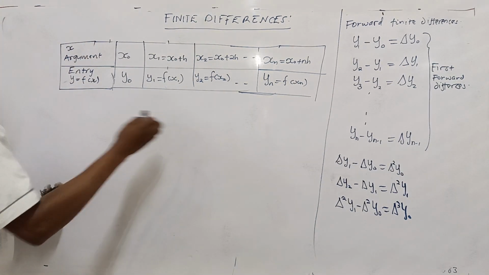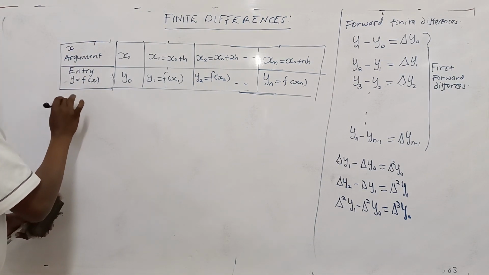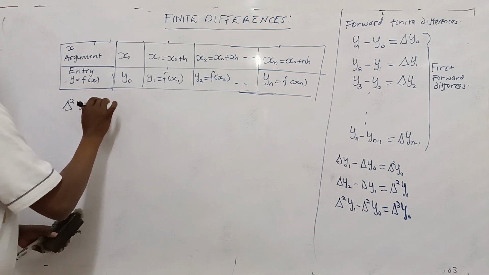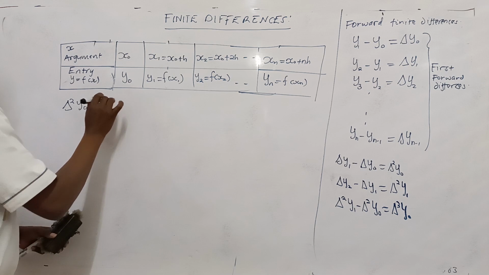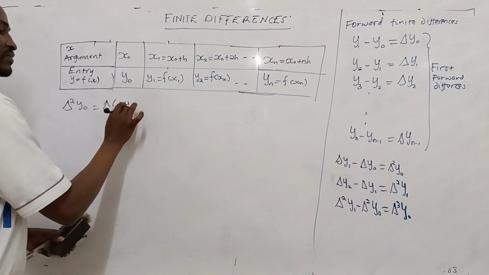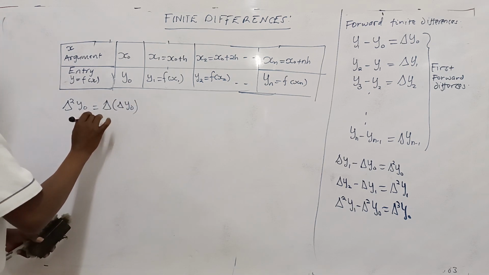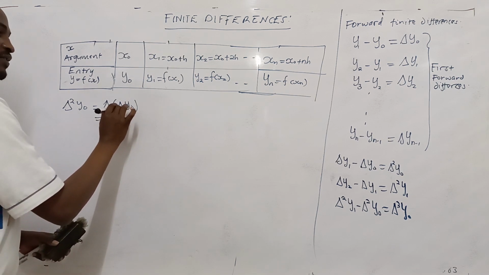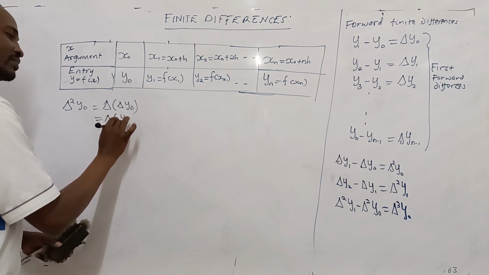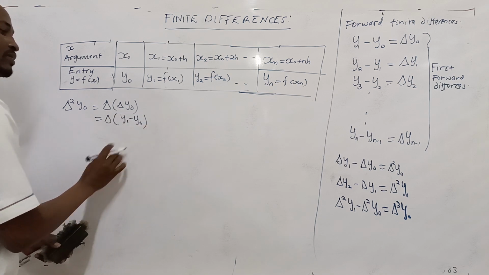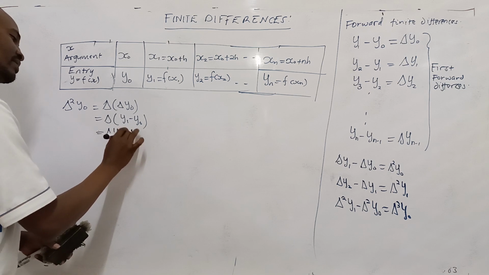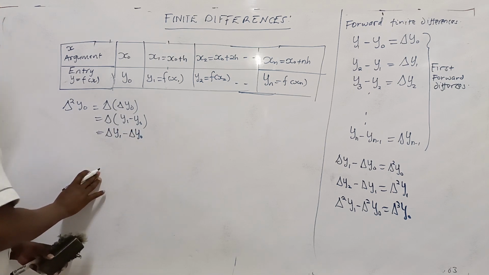If we take that second forward difference of y0, we can also express it as the forward difference of the first forward difference of y0, which will be equal to the forward difference of y1 minus y0, which now becomes the first forward difference of y1 minus the first forward difference of y0.